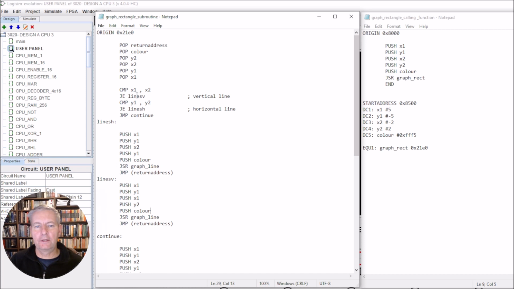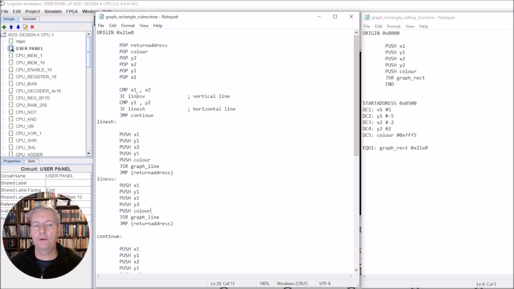Now, the first thing that we want to note here is that the rectangle will just degenerate into a line if we have the endpoints that actually sit on a line as opposed to endpoints that are offset, which would generate a rectangle. So we could either draw a line horizontally or we could draw a line vertically.